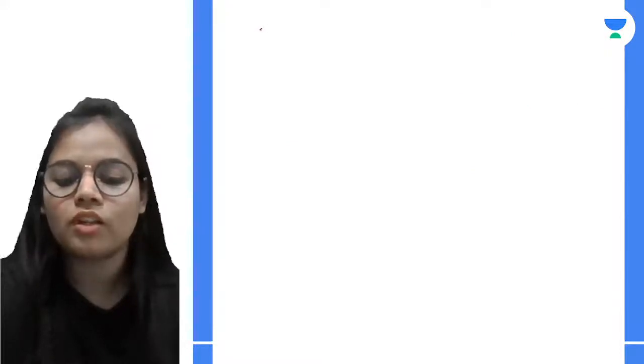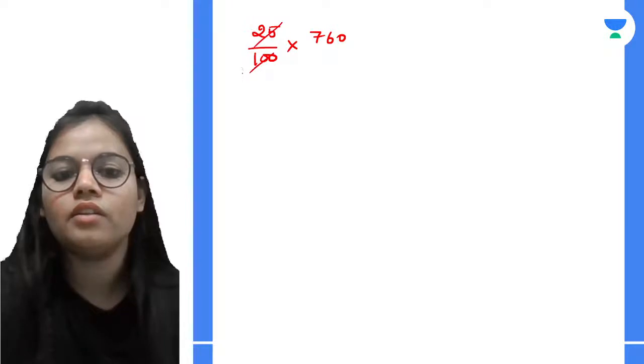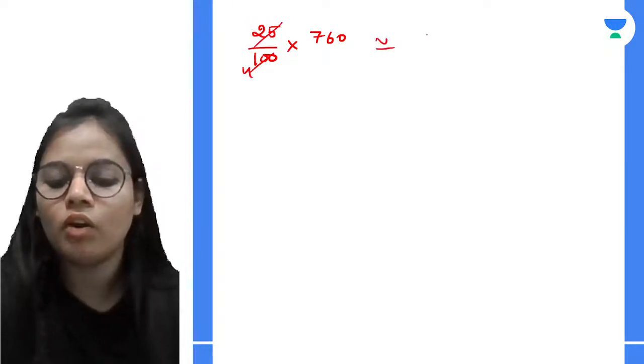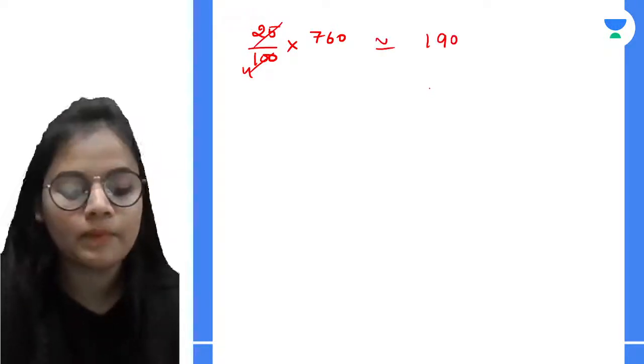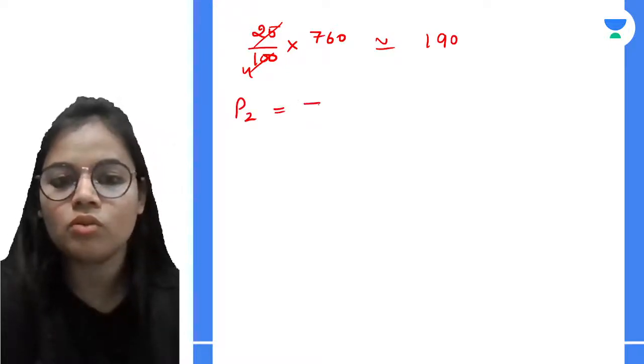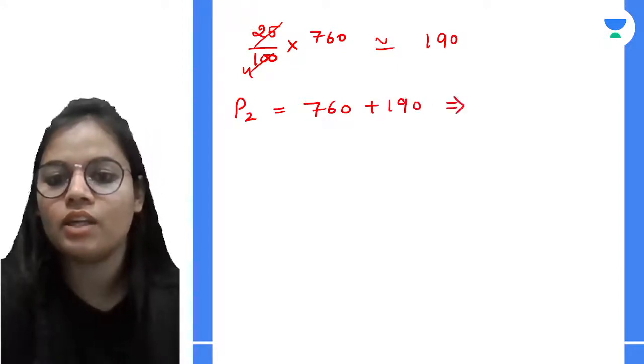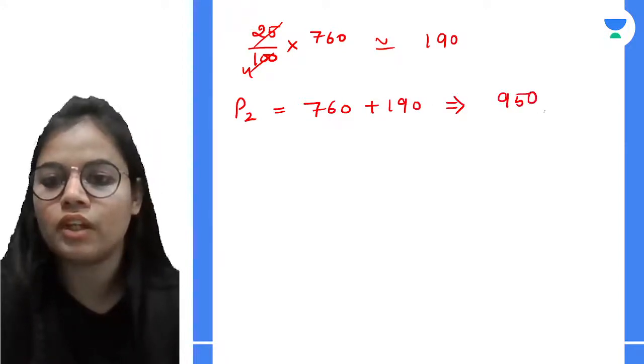First, what is 25% of our pressure 1, 760? If we solve it, that is equal to 190. Now our new pressure P2 will be 760 plus 190, which is equal to 950.